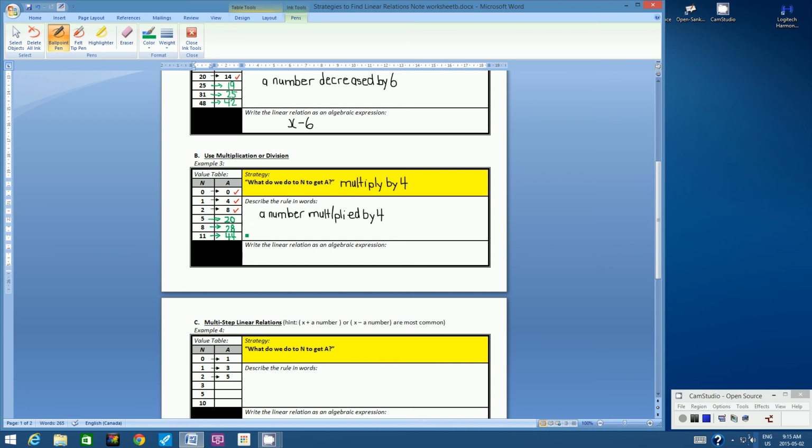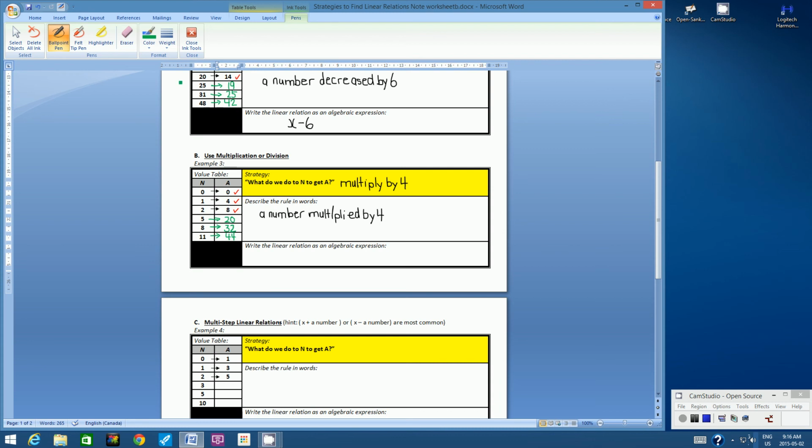So did you get these three values to complete your value table? 20, 28, and 44. 5 times 4 is 20. 8 times 4 is 28. 8 times 4 is not 28. I apologize. Let's try that again. 32. And 11 times 4 is 44.